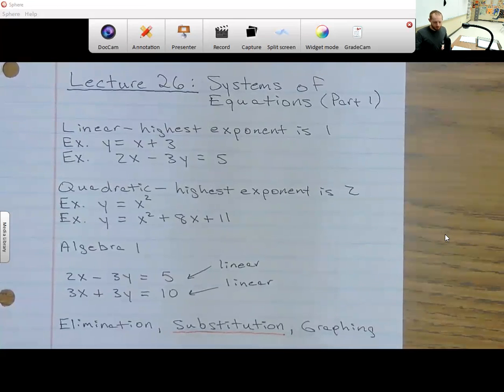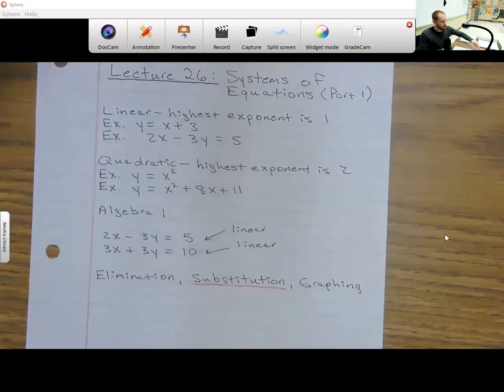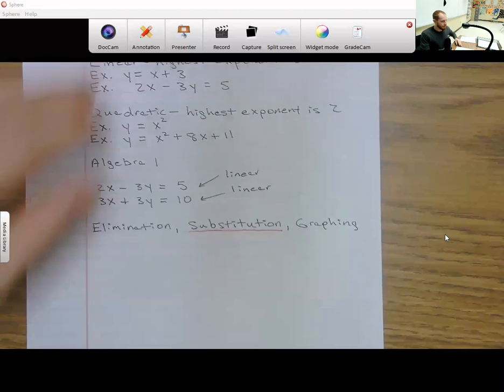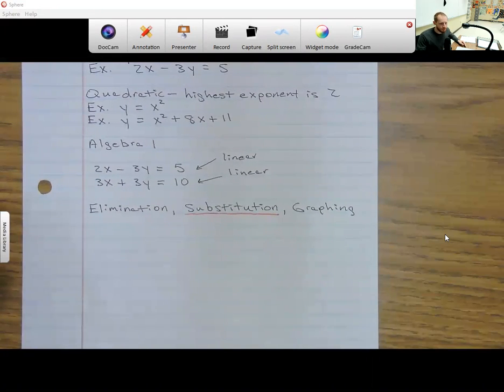So let's take a quick look at another example of a system where not everything is linear, but you are going to have linear equations in there along with quadratic equations. So let's take a look at the first example.